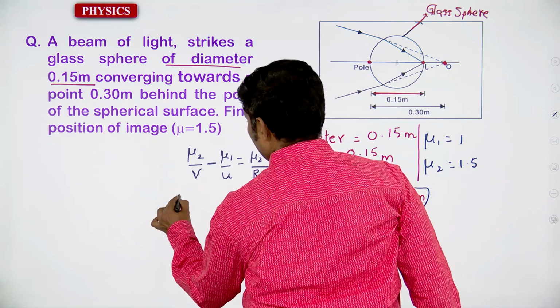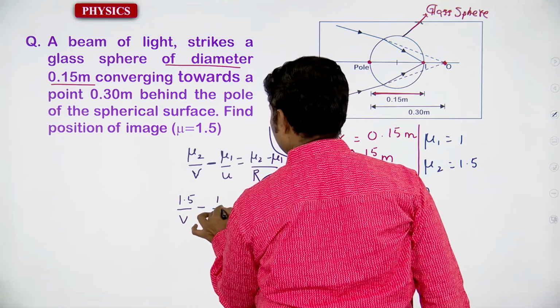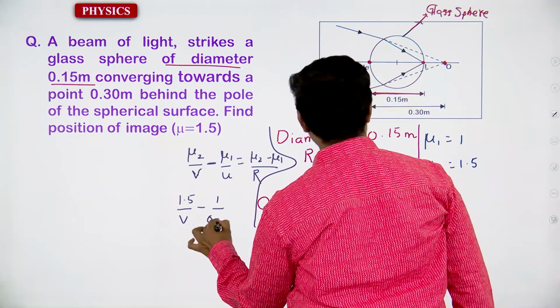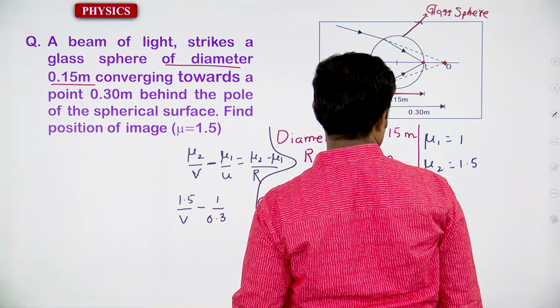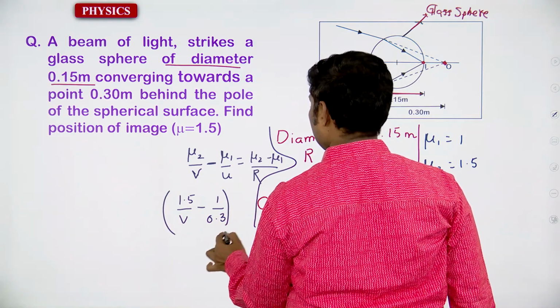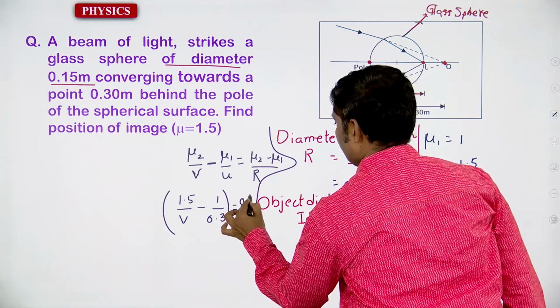That is 1.5 by v minus 1 by u, and u is 0.3 meter, is equal to 0.5 by r.